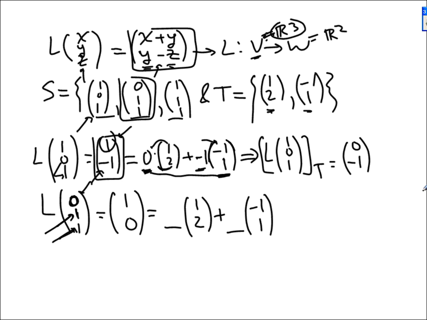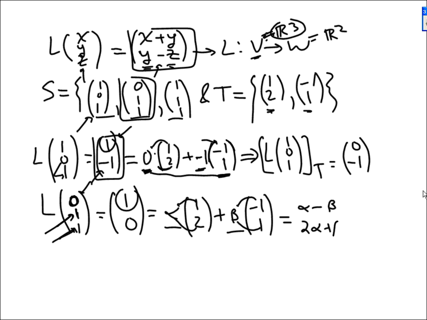Okay, now that one seems less obvious. Now we play the alpha plus beta game. The top line is 1 alpha plus negative 1 beta, or minus beta, is equal to 1. The second line is 2 alpha plus beta.